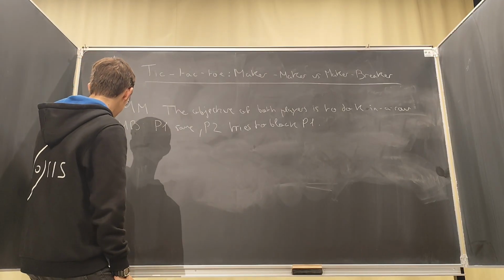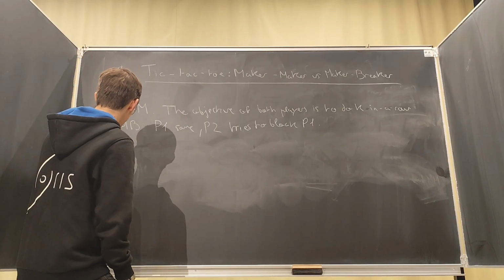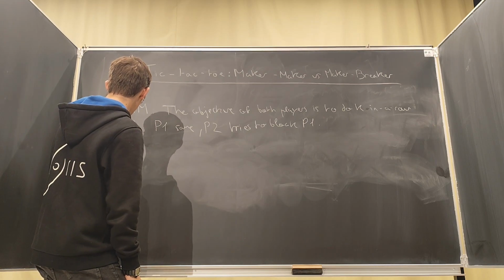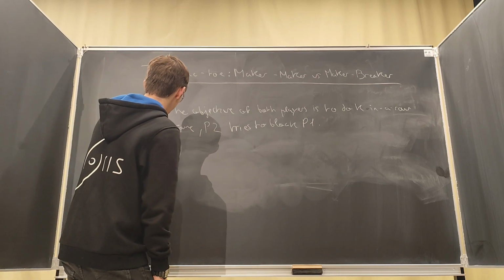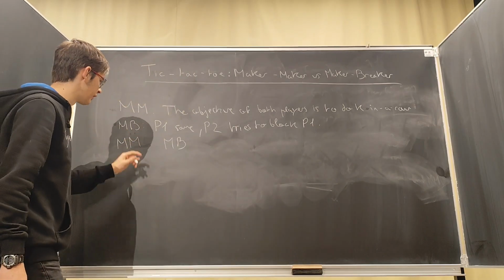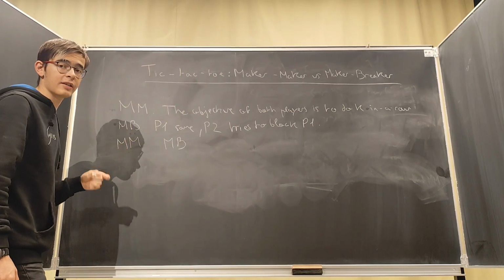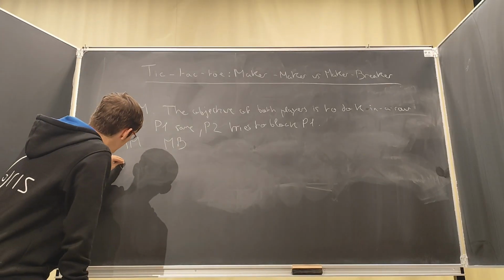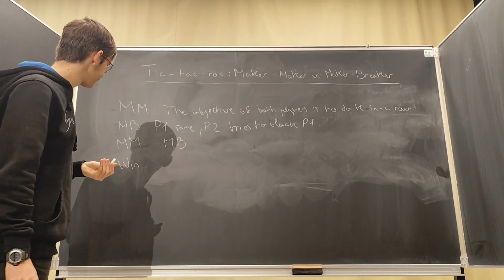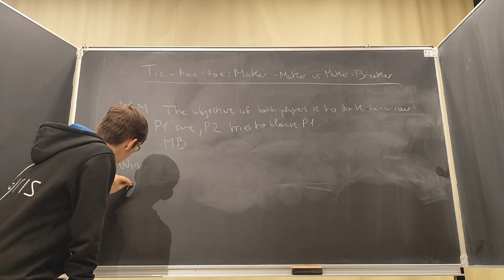Okay, so the results are, let's write maker-maker and maker-breaker. So let's look at all of the possible outcomes of the game. So we said that maker-maker is either a win, so intended a win for player 1, or it's a draw.